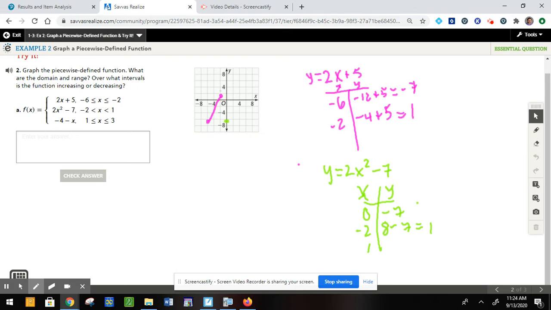So interestingly, it is the exact same ordered pair that's here. So I'm just going to put an open circle around it, but the pink part is noting that it's still that function, but it has the same value. And when I substitute 1 in, 1 squared is 1 times 2 is 2. 2 minus 7 is -5. So it's 1, -5. And I'm making this an open circle.